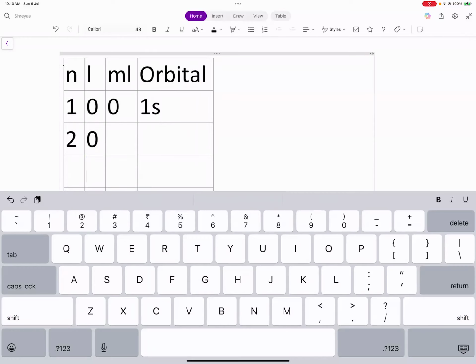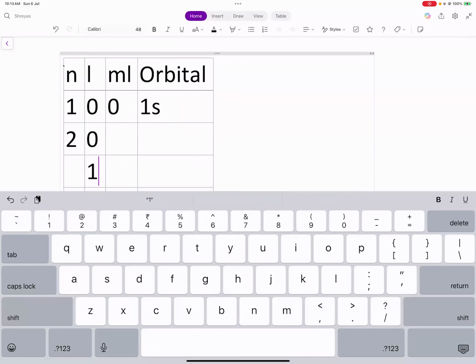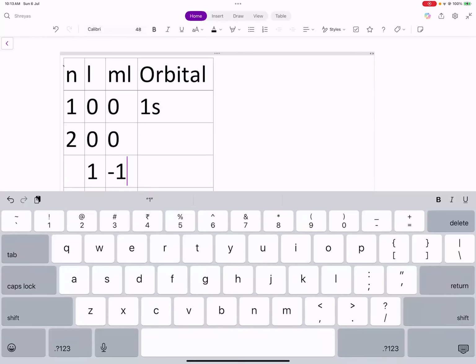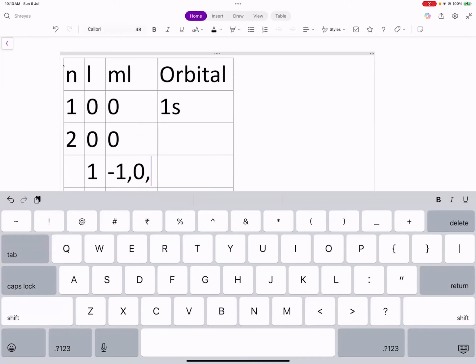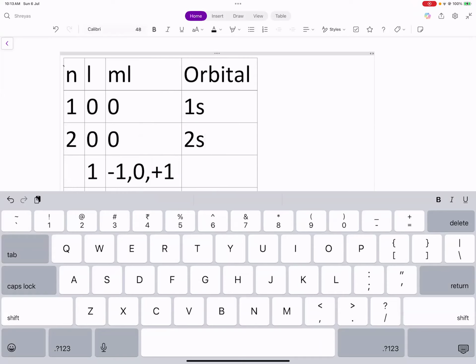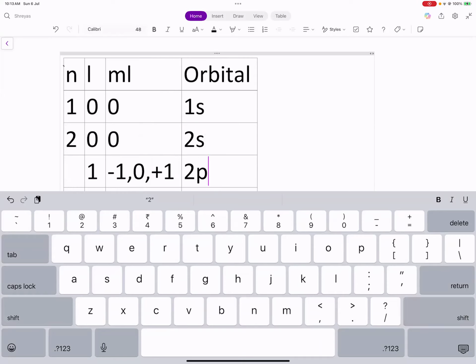It can also be 1. This will be 0. Here it will be -1, 0, plus 1. So here I have this 2s orbital, but here I'll have 3 p orbitals. We'll call them 2px.